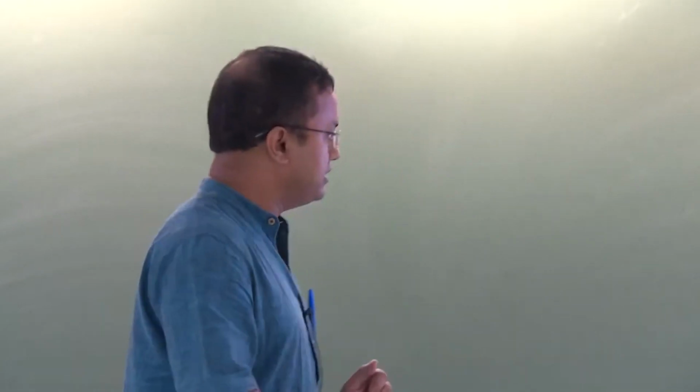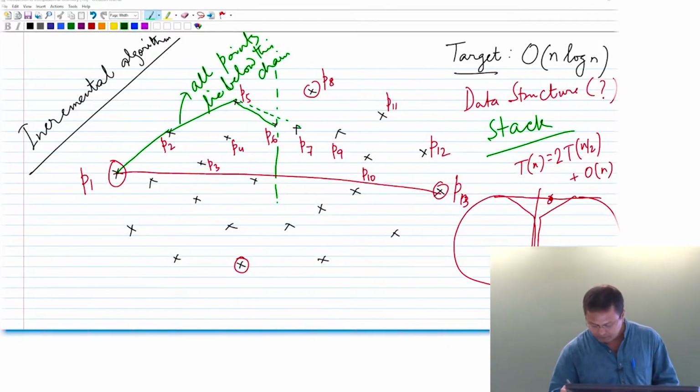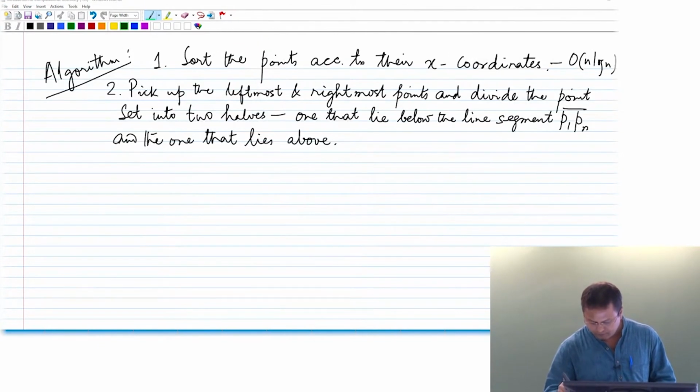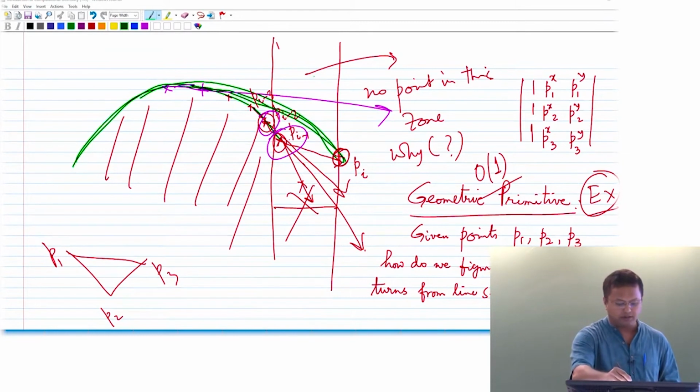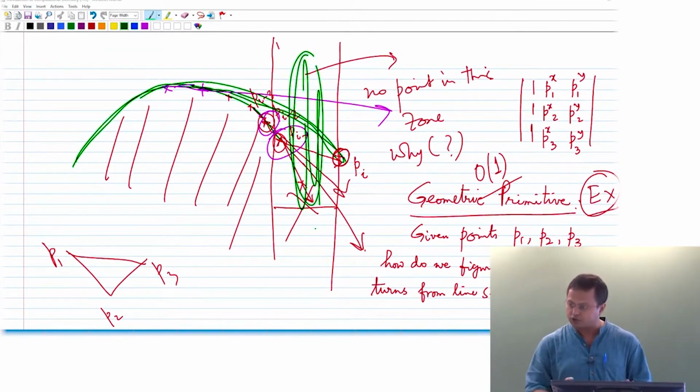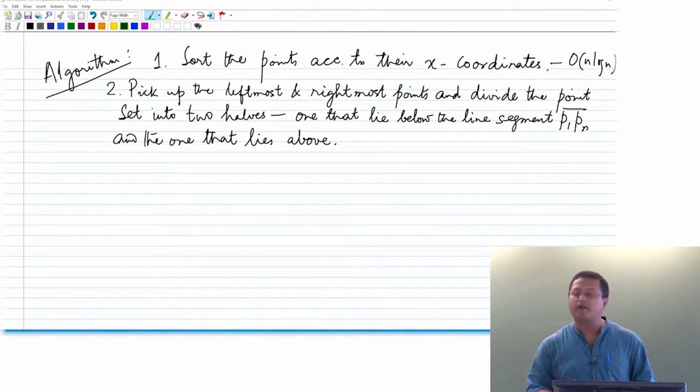So, all points are going to lie below, and I had already argued that in this zone there are no points. So, by induction you can understand that this algorithm is correct. When do I finish my algorithm? The moment I have hit the last point.